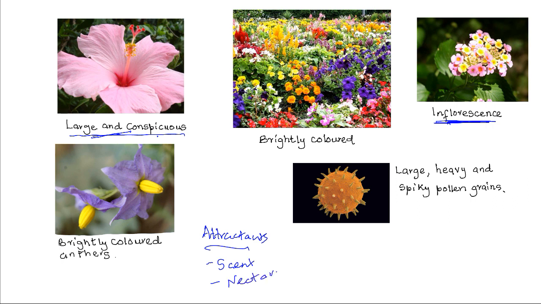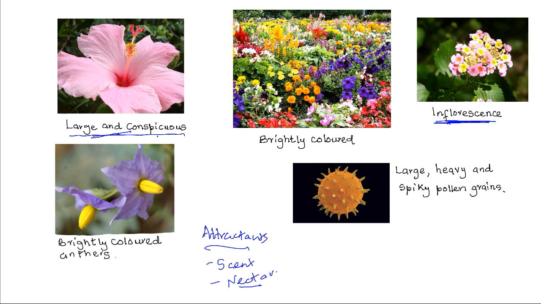Nectar is a sugary fluid produced by the flower that insects feed on. So these attractants in the form of scent and nectar enable the insects to visit the flowers, and in the process of visiting the flowers to get food in the form of nectar, or in some cases the pollen grains, they do effect or bring about pollination.